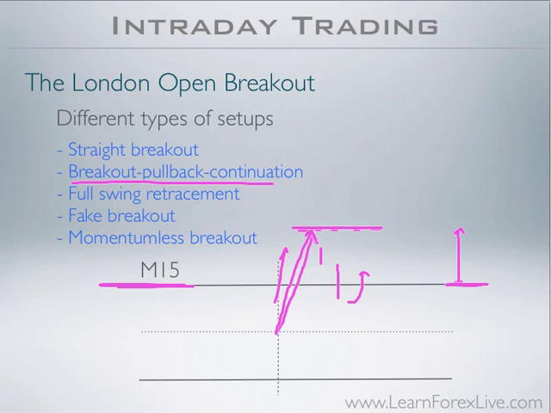The aggressive way tries to squeeze your entry as tightly as possible from that breakout point. It aims to take the entry much closer to the actual bounce point, the actual end of this pullback, and you don't quite wait for the continuation part.